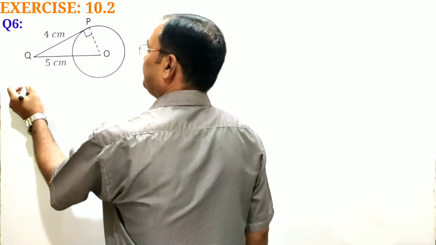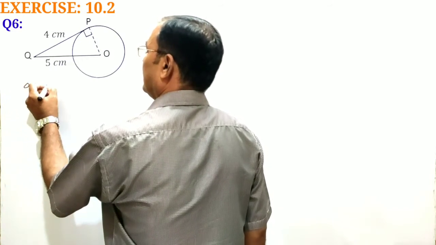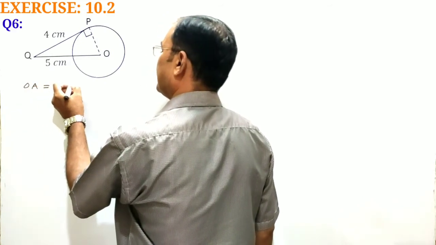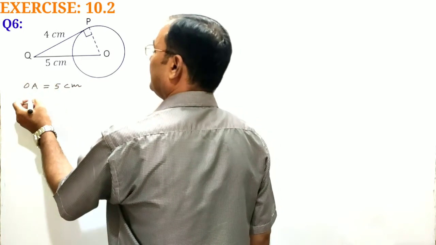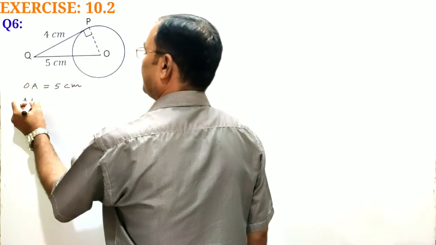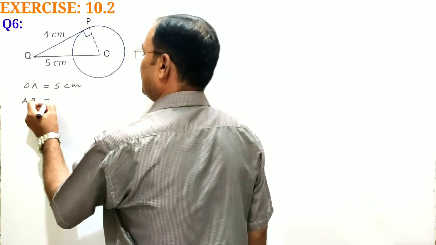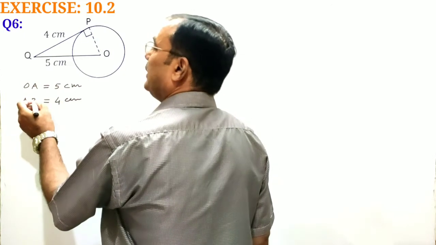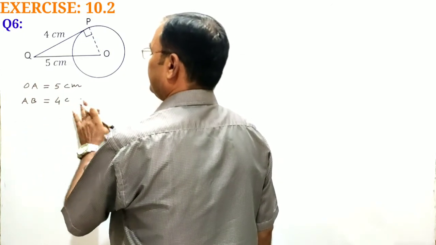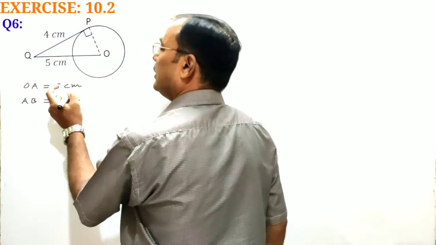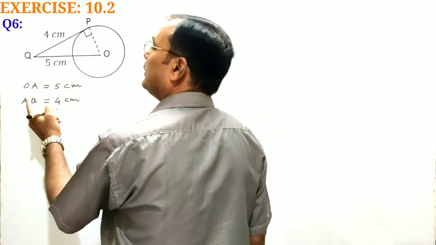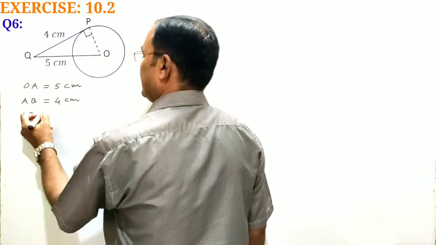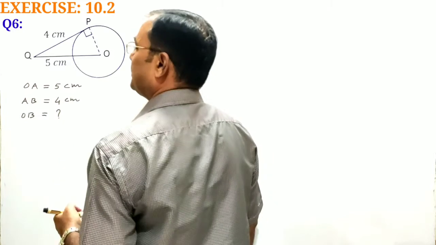So OA, distance of the point from the center of the circle is 5 cm, and length of the tangent AB is 4 cm. We have to find the radius of the circle, that is OB.